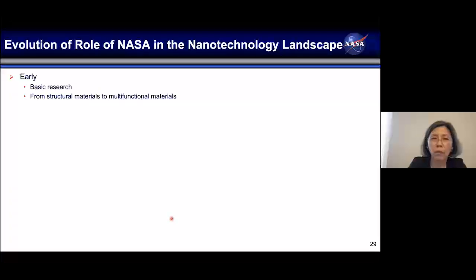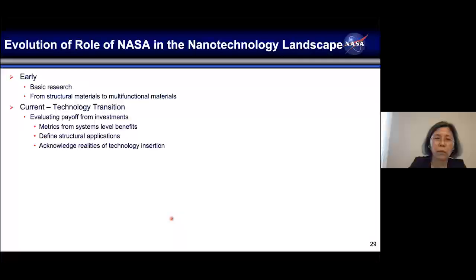We started in basic research and moved from structural materials and thinking about, starting to think about structural materials, and then kind of got distracted with calling these multifunctional materials. But currently we're involved in technology transition.